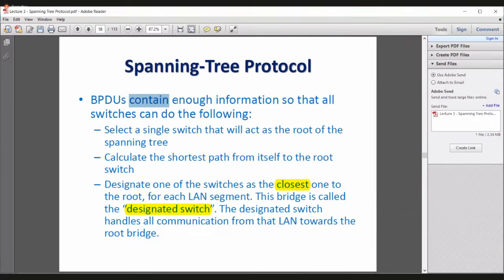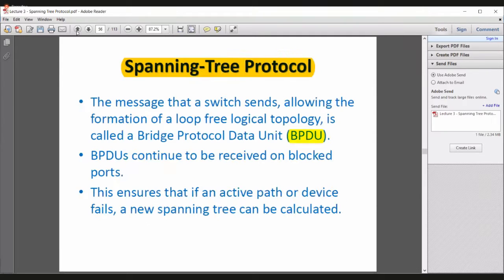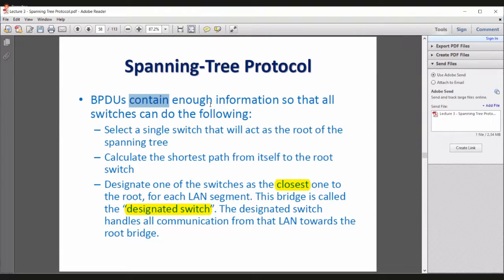BPDU is the data unit for the spanning tree protocol, which stands for bridge protocol data unit. The bridge protocol data unit contains enough information so that all switches can do the following: with the details available in this data unit, the spanning tree protocol can synchronize whatever it requires for the synchronization process.